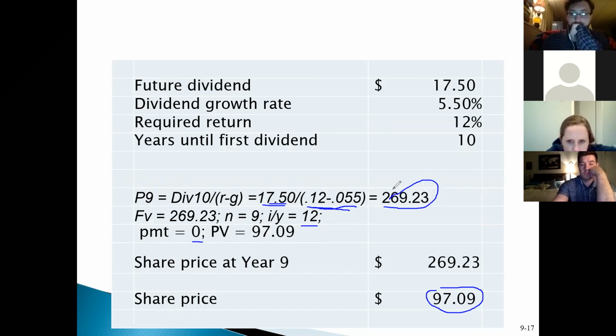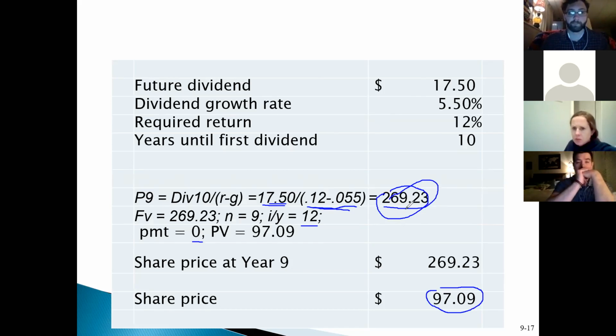That gives me a price in year 9 of 269.23. So I know what I'd pay for it in year 9. I want to know what I'll pay for it today. If I have a 269 price in year 9, that's a future value. There's no payments between now and then. My discount rate's 12%, and I can compute a present value of 97.09.